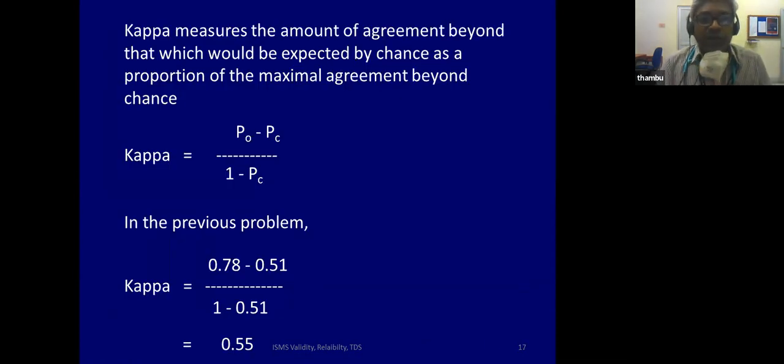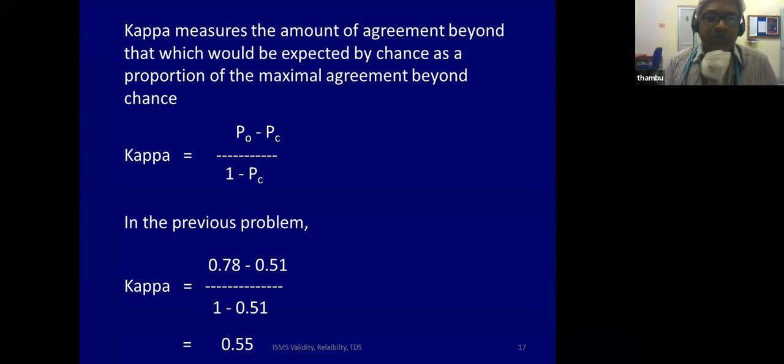Now, you may like to put it in statistical terms. The observed probability minus the expected probability, divided by 1 minus the expected probability. So kappa measures the amount of agreement beyond that which could be expected by chance, as a proportion of the maximal agreement beyond chance.